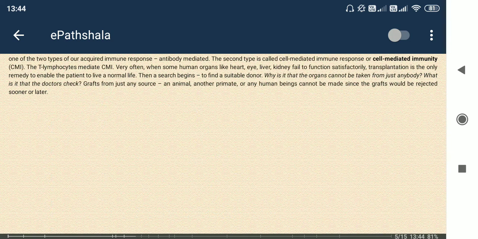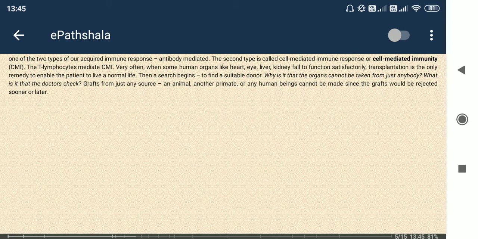The next one is immunoglobulin. Immunoglobulin is the chemical name of antibody. Globulin is a type of protein involved in the immune system, hence the name immunoglobulin.